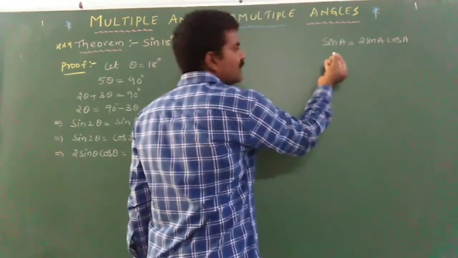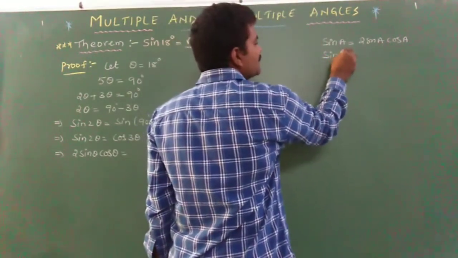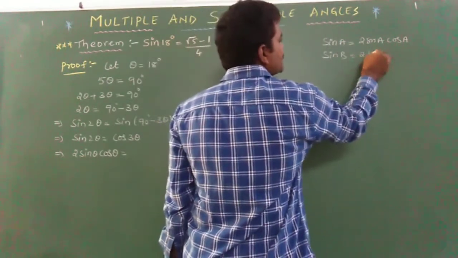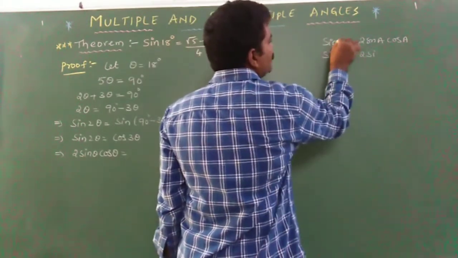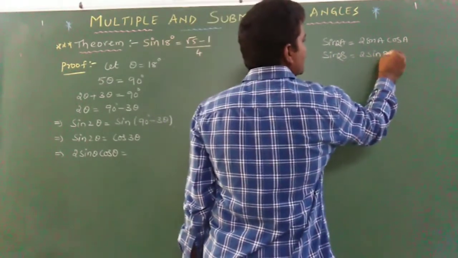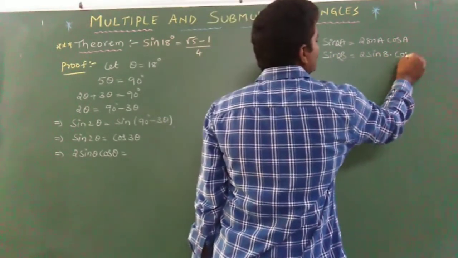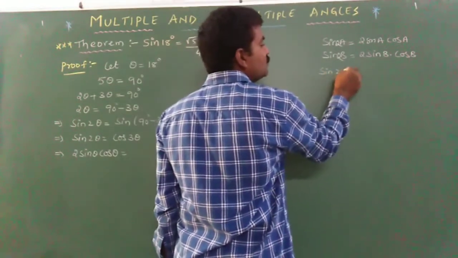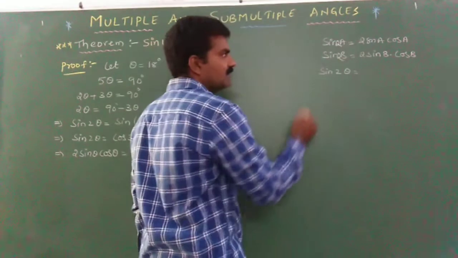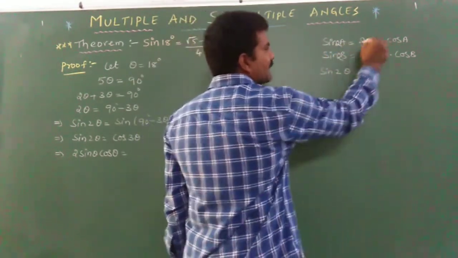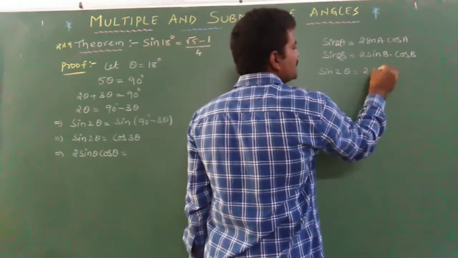But if it is sine 2B, then you just need to change the angle accordingly: sine 2B is equal to 2 sine B into cos B. In the same manner, if I want sine 2 theta, in the place of 2A we have 2 theta, and the same thing is applicable.